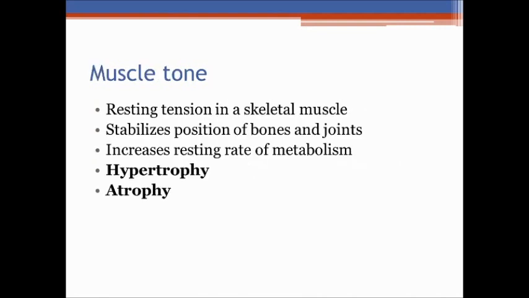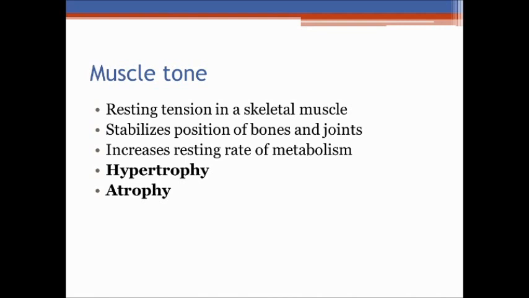Muscle tone is the resting tension that's in your skeletal muscles. This is what makes people look muscular. It stabilizes the position of your bones and joints, and it also increases your resting rate of metabolism. So the more muscle tone you have, the higher your metabolism is. Hypertrophy of muscle occurs especially when you work out or you're taking in a lot of protein after workouts so that you can build more muscle.